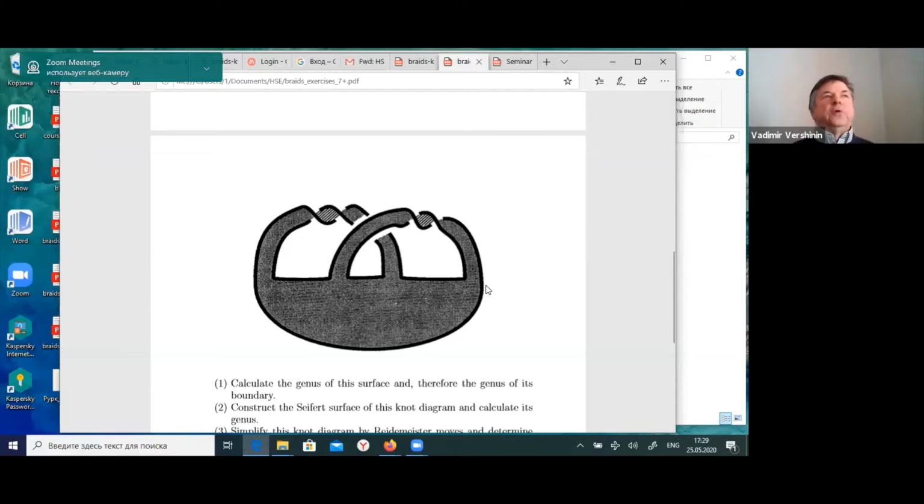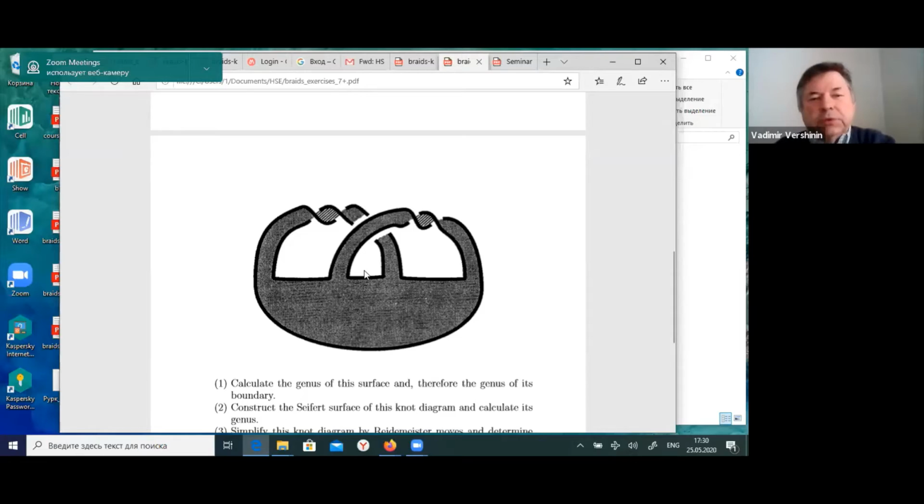If we look at the formula, 2 minus 2g minus 1 should be equal to minus 1, we get that the genus is equal to 1. So this is a torus, and then we shall define by Reidemeister moves what the knot is.